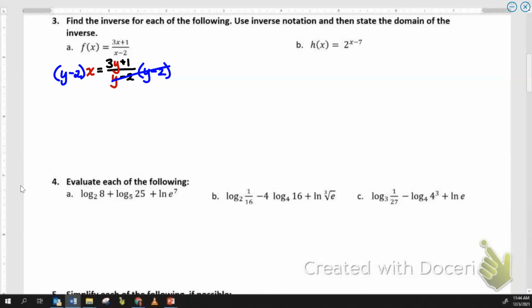What can I do right here? I can combine those. What do I do with the powers when the bases are being multiplied? Add those together. So I'm going to add a 5x and a negative 4. So this becomes e to the 5x minus 4.